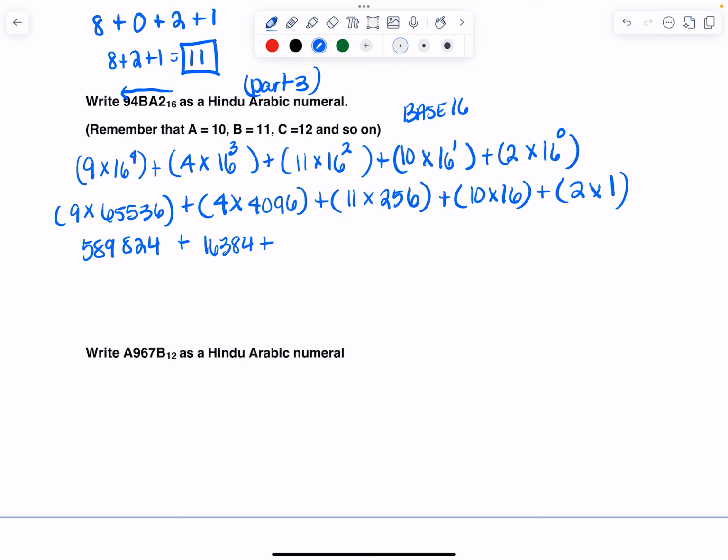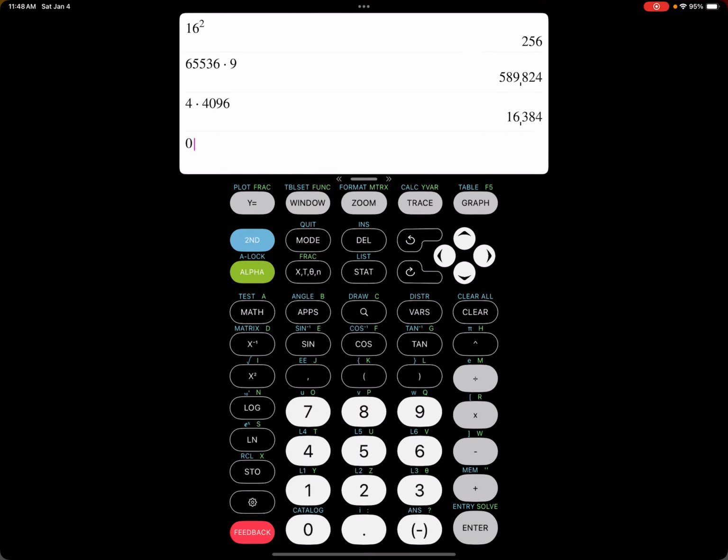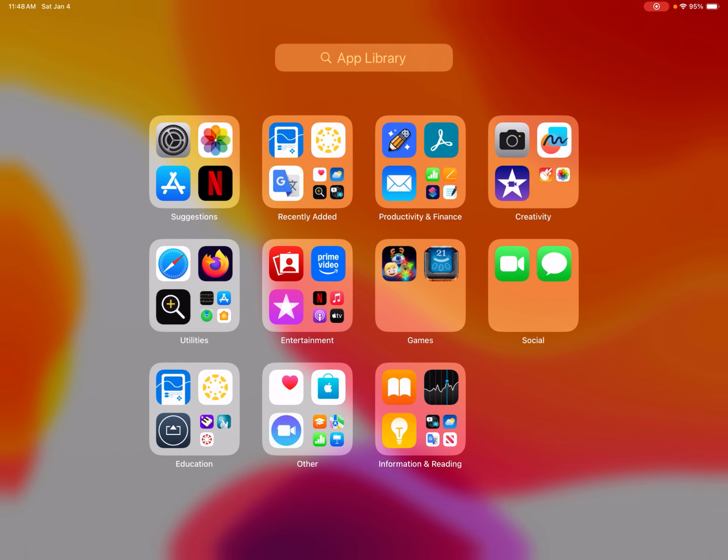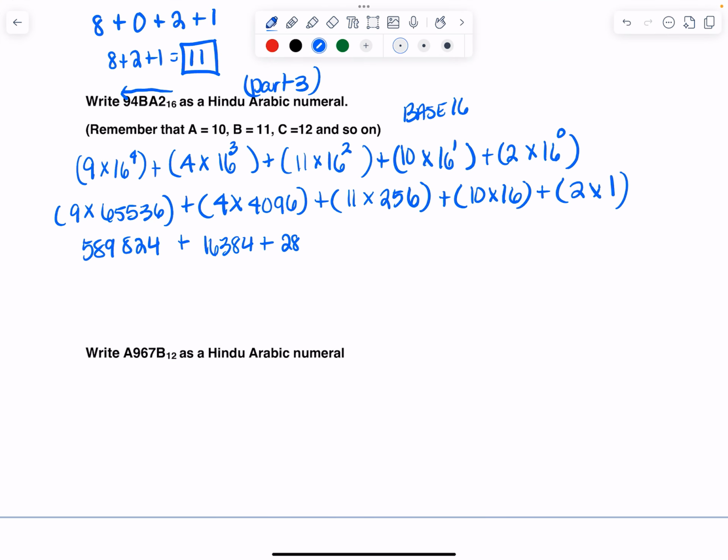Plus 11 times 256. That equals 2816. Plus 160 plus 2.